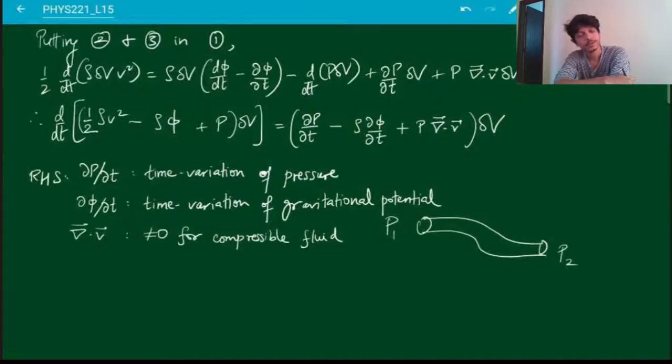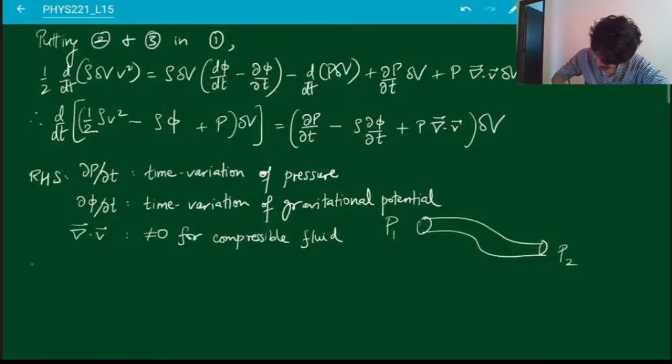Earlier you were always discussing incompressible fluids, but now because this term is there on the right hand side, it allows you to also describe what is happening if your fluid is compressible. So that's why this is a generalization of Bernoulli's theorem.